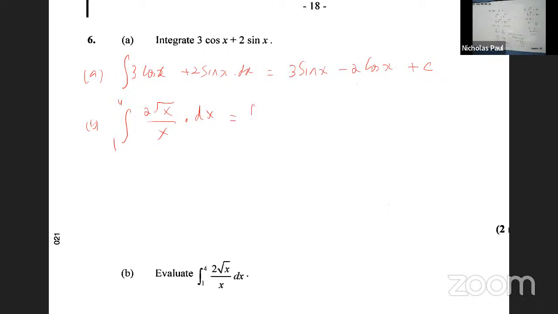So basically, you'll get the integral between 4 and 1 of 2, putting the 2 on the outside, that's a constant, right? What's the square root of x divided by x? Celine? What's root x on x? x to the negative a half, right? x to the half divided by x to the 1.